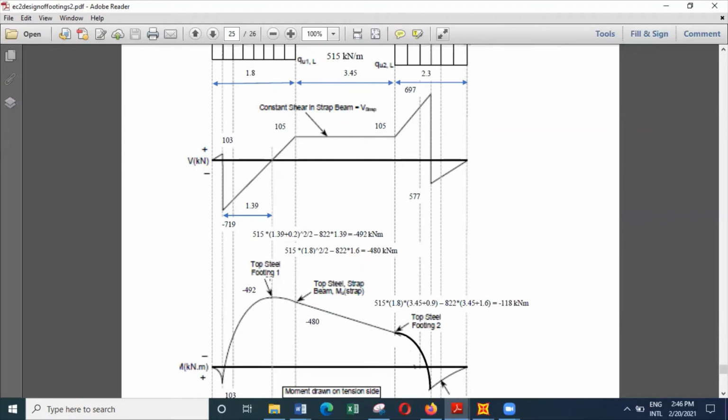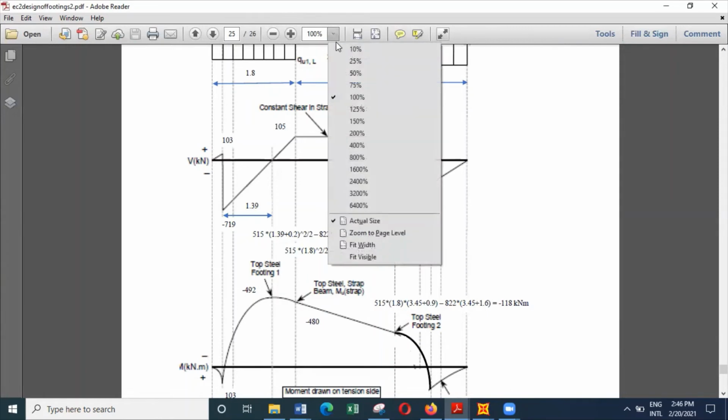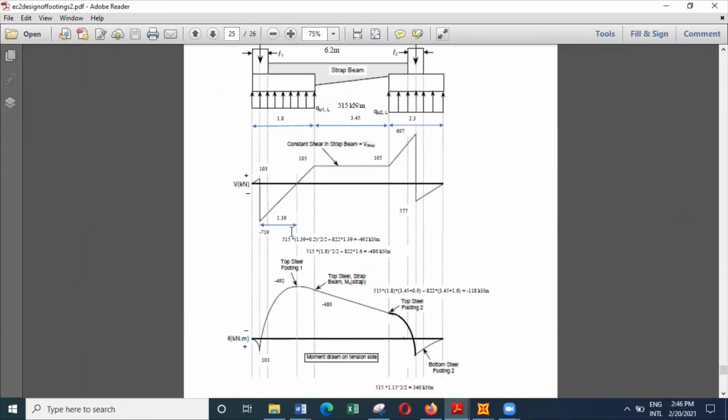So what you can do is, to find the bending moment here, which is 515 multiplied by 0.2 squared divided by 2, multiplied by 0.1 It's 10.3.